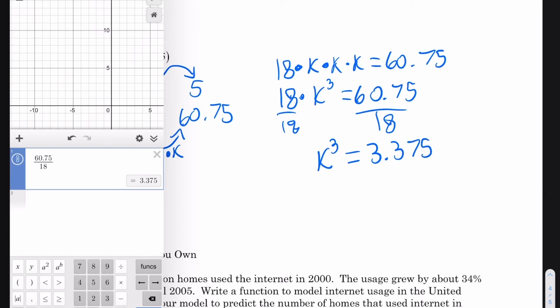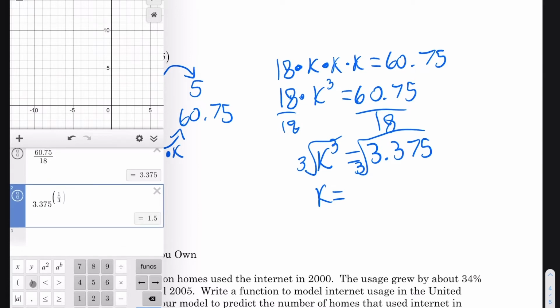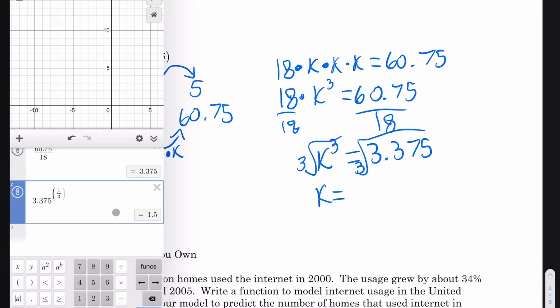And then to solve for k, we'll do a cube root. Since the cube roots are way in the function table, I'm just going to write 3.375 to the power of 1/3, to get k equals 1.5.